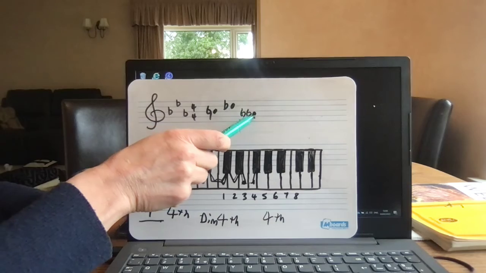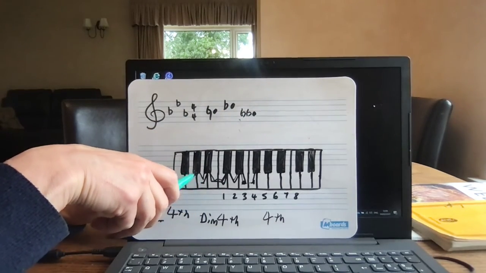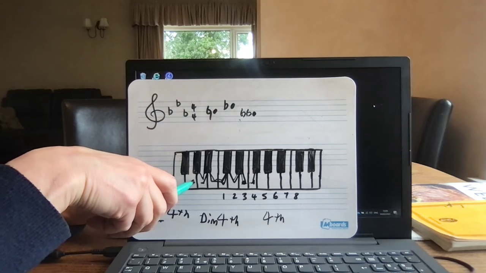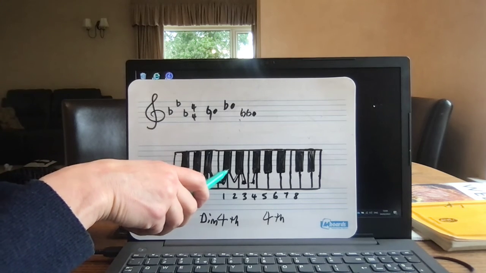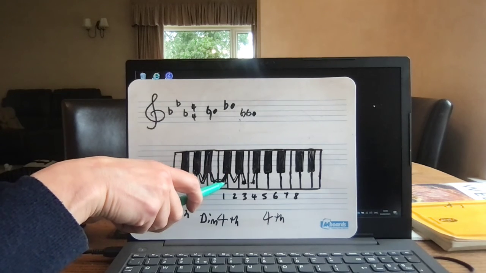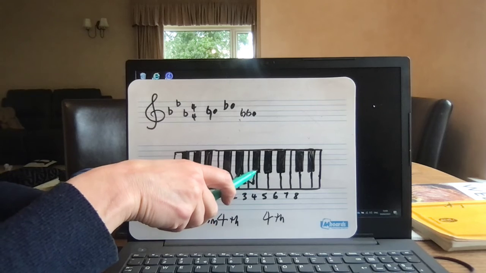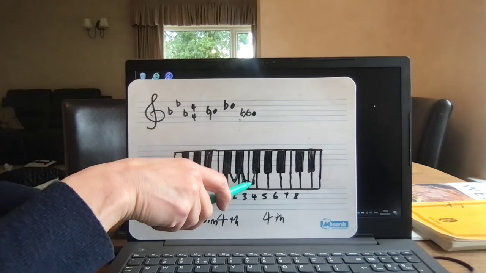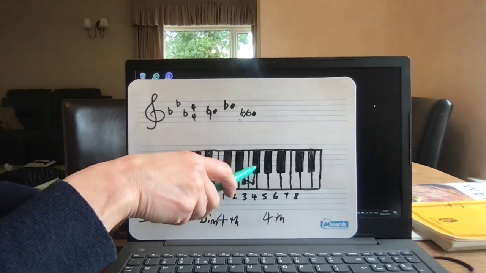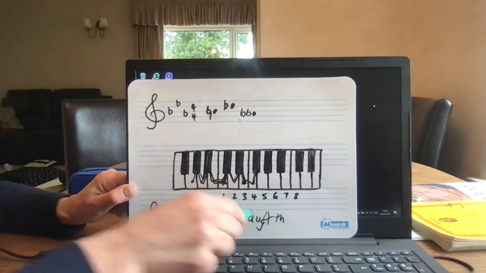Then you go A double flat to D flat here. A double flat is this note. And then you count semitones. 1, 2, 3, 4, 5, 6 semitones. Then you go to your C and you count 6 semitones. 1, 2, 3, 4, 5, 6. 6 semitones leads us there. Now from C to there is bigger than a perfect fourth by 1. It is an augmented fourth.